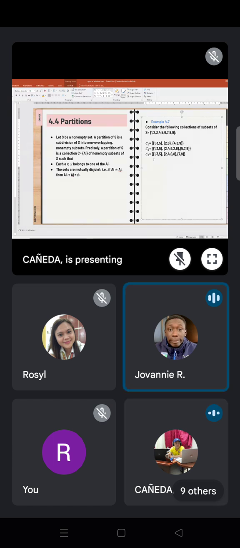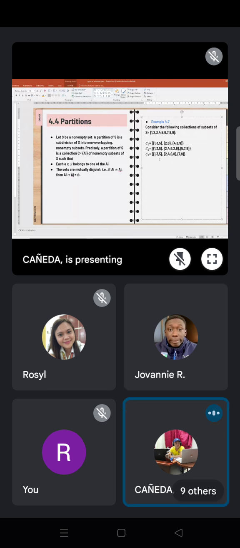However, A1, A2, and A3 are not mutually disjoint. Therefore, there are sets here that do not form a partition.